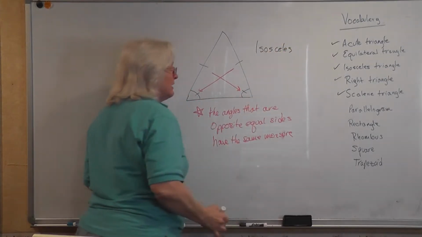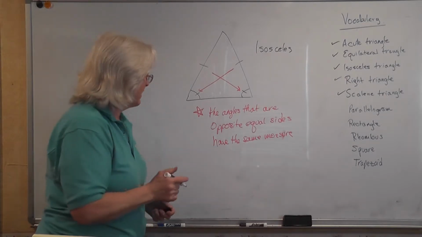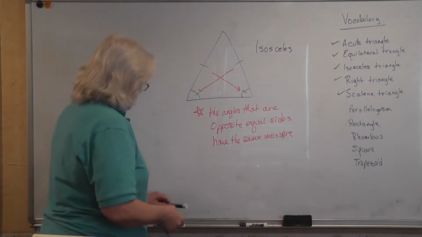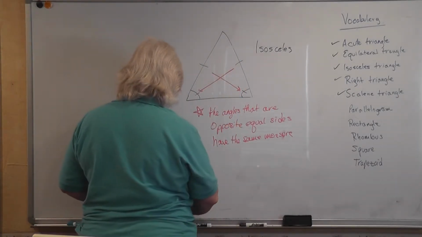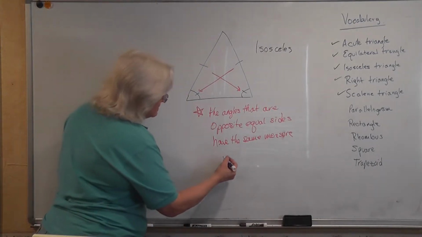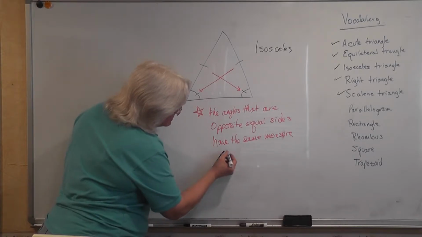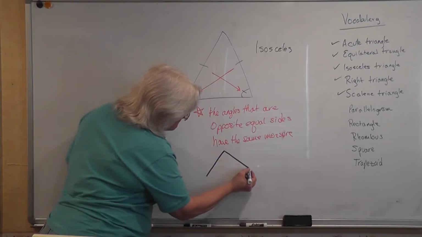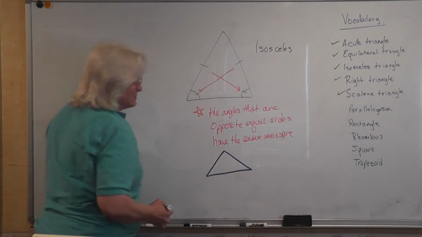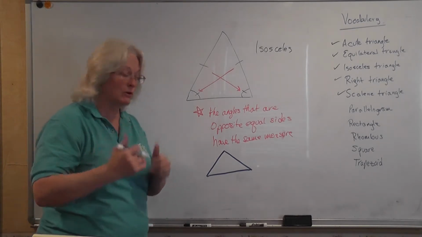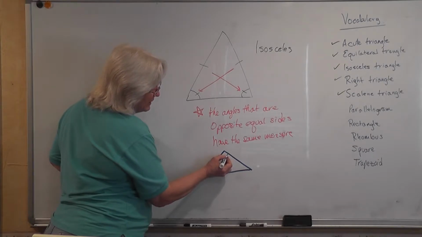Isosceles. Now I want to draw an isosceles right triangle. Let's see. Where do I want to draw? This is a little bit harder for me to draw, but I'm going to do my best. This sort of looks like the shape of a pyramid. Now, that's as close as I can draw to a right angle.